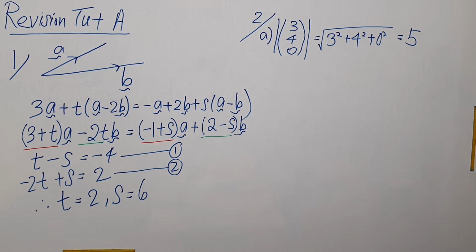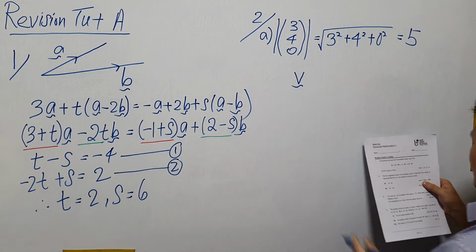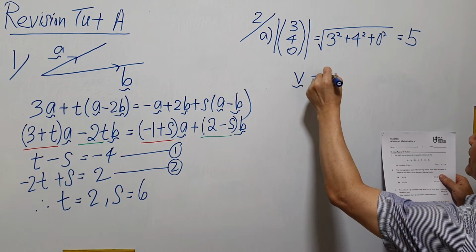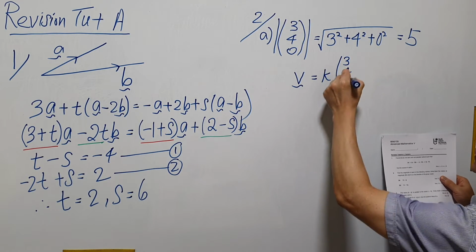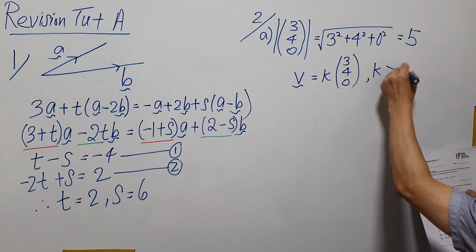And then it also asks you to write down the vector of magnitude 260, in the same direction as (3, 4, 0). You want a vector, so let this vector be v. You want this vector to be in the same direction, so v must be a multiple k of (3, 4, 0), and this multiple has to be a positive multiple.